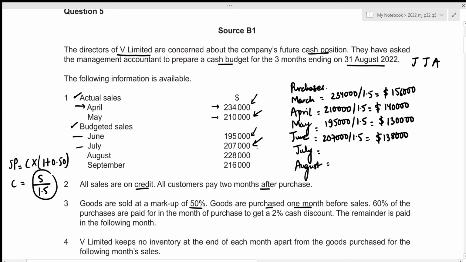For the month of July, that will be 228,000 divided by 1.5, which results in 152,000. And finally, for the month of August, that's going to be 216,000 divided by 1.5, which results in 144,000.